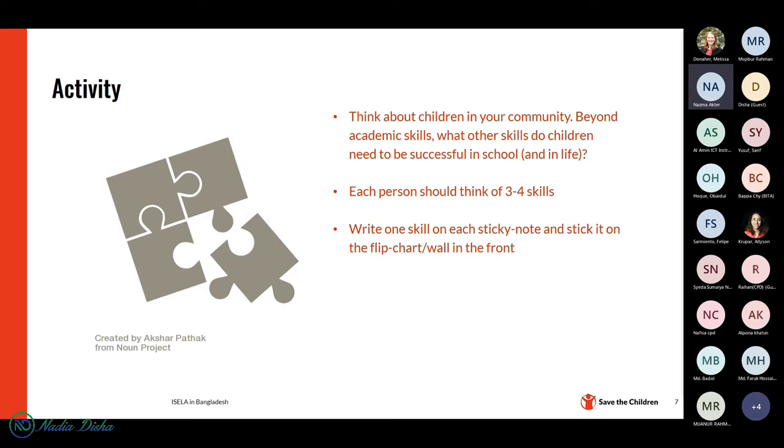Actually, in our community, the children in school, their age is 10 to 14 years. Their academic background is grades 5 to 8, but they need more digital skill in their class.